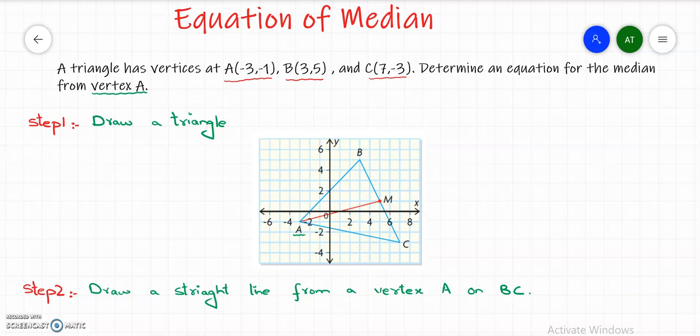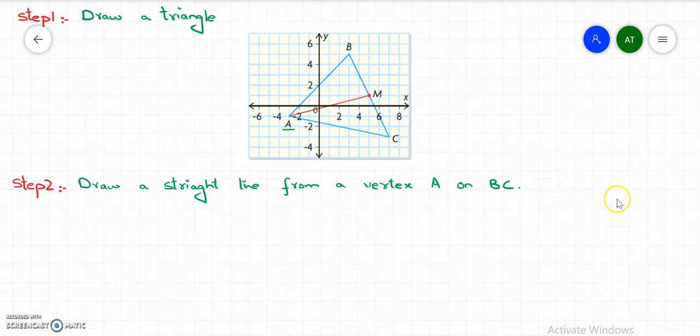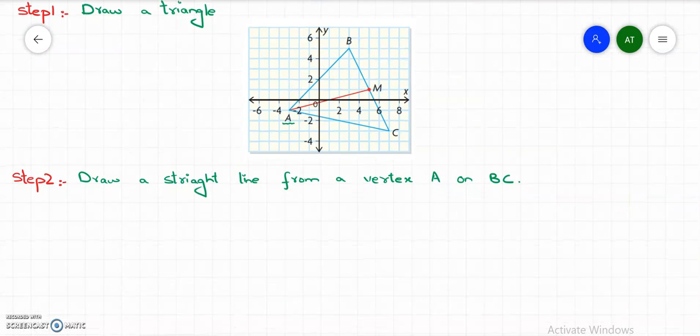So put your pointer at vertex A and draw a straight line from A on B and C. Okay, so that was the red line. Now let's move to the third step.